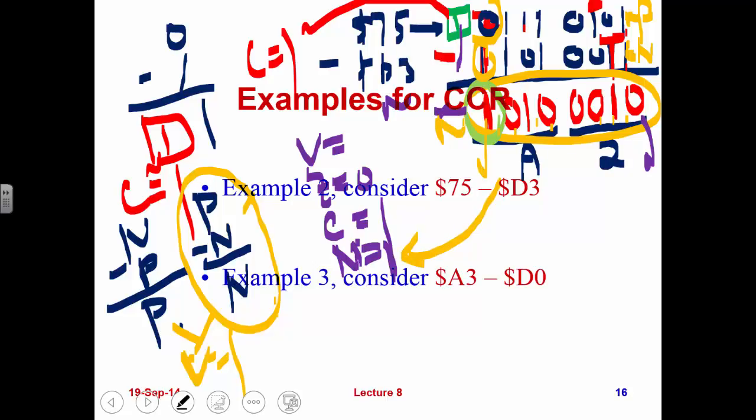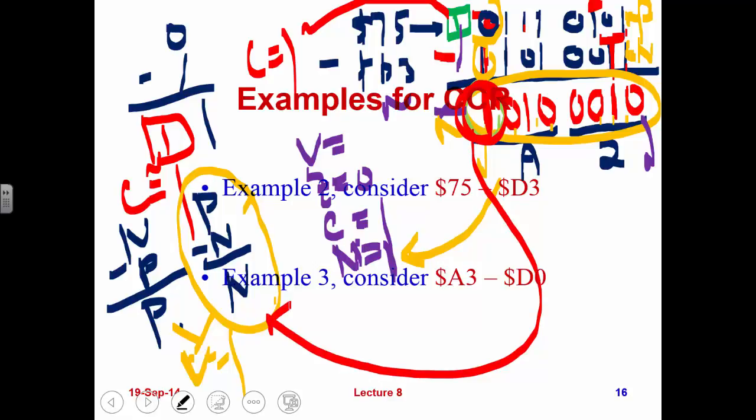So we subtract a negative number from a positive number, and our result is negative. We just meet this case condition, which makes V 1.